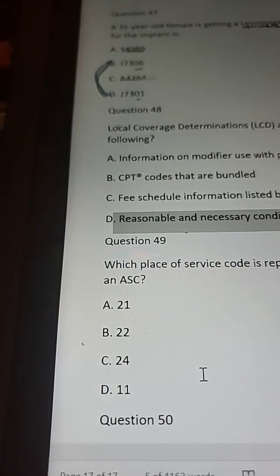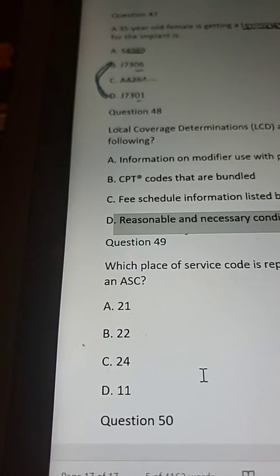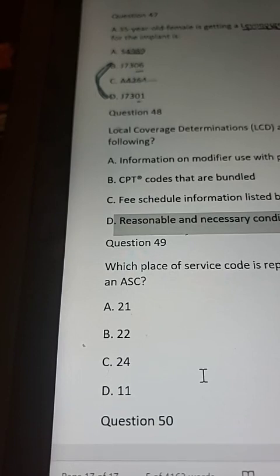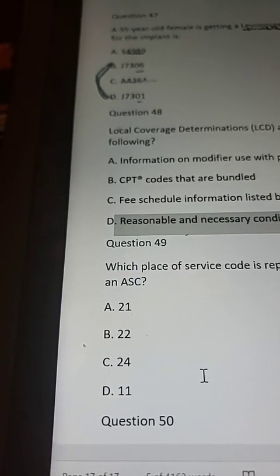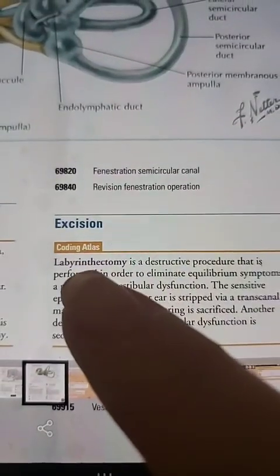Or the lab, I always forget, but it's one of those. Yeah, it's C.